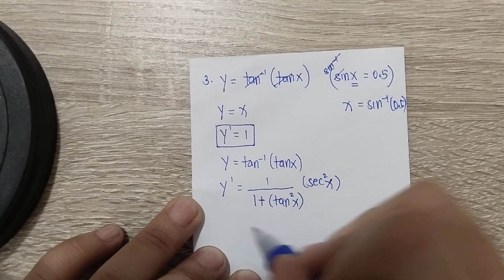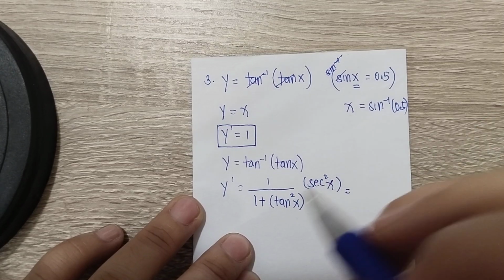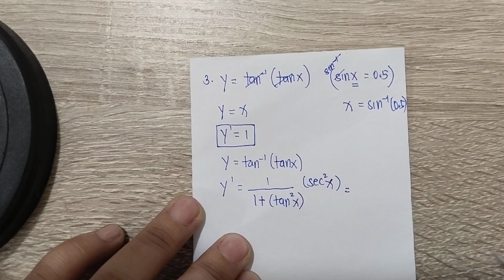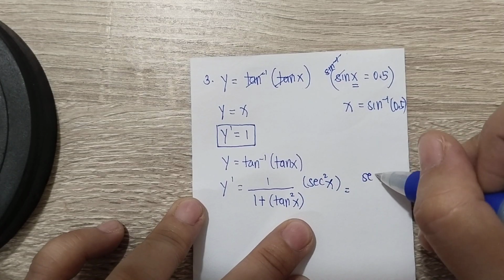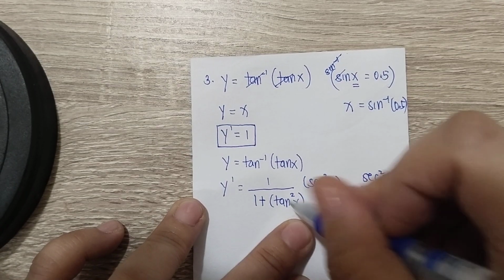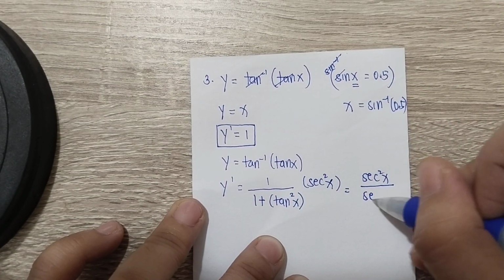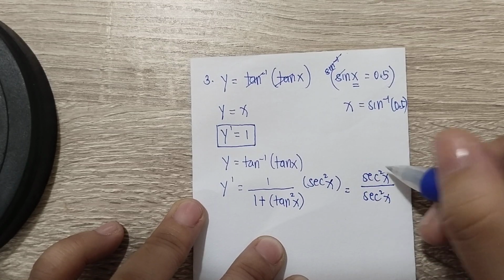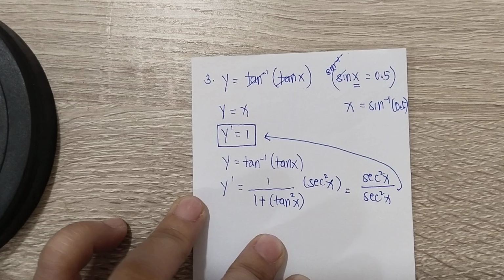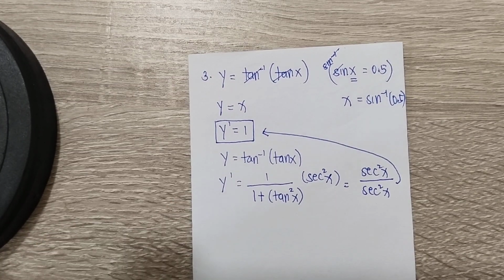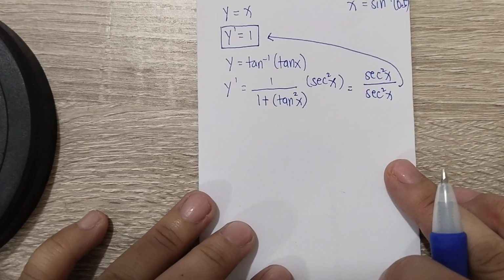Okay? Ngayon, kung maalala nyo sa identities, ang 1 plus tangent squared ay secant squared. So, secant squared sa taas, all over sa baba, secant squared din. Kasi yan yung sa identity. So, basically, equal lang siya sa 1. Imbis na pahirapan natin yung sarili natin, dumiretso na lang tayo. Simplify muna natin. Okay? So, that's number 3.